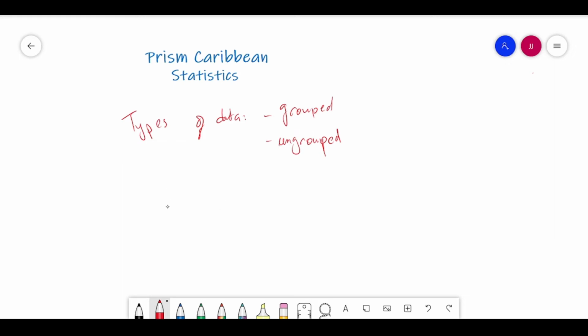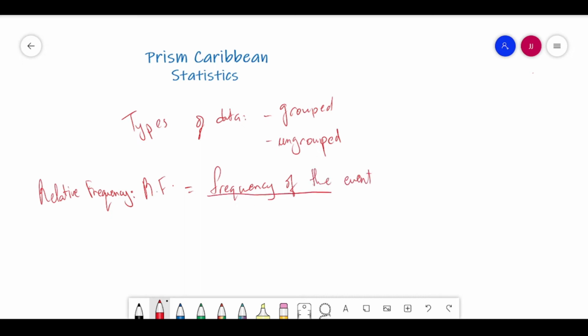Now we will be going on to some frequency formulae. This is relative frequency. For relative frequency, the formula is R.F. is equal to the frequency of the event over the total frequency.